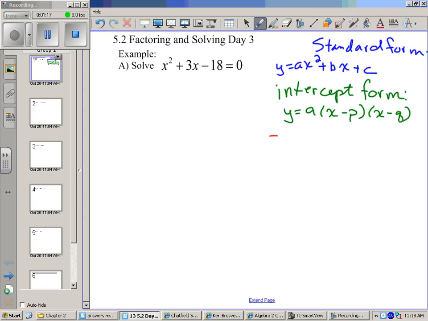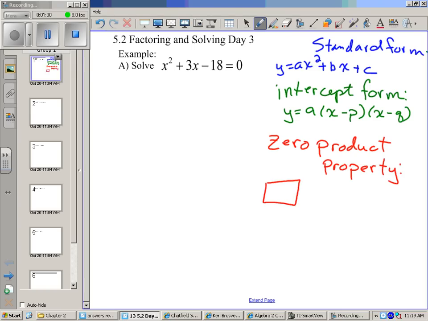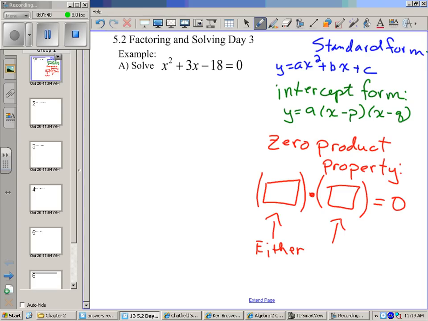And the zero product property says this: if I have two things, usually separated by parentheses, and these two things are multiplied together and they equal 0, that means that either spot is equal to 0.